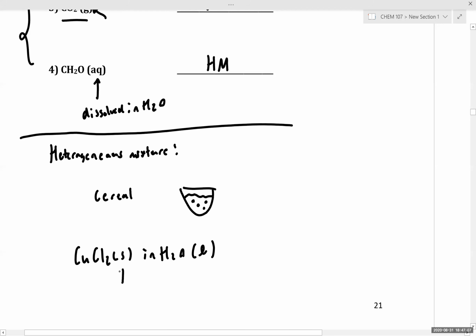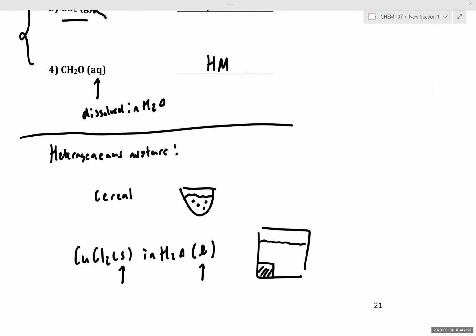In this case, we clearly see a difference in the state symbols. The copper chloride is just a brick sitting at the bottom of our beaker that contains water. There's no mixture. There's no dissolving occurring. There's clearly a difference in phase and a difference in chemical composition between our solid copper chloride and our water.